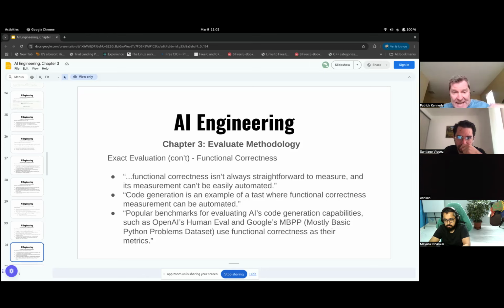So in the case of code generation, you can use functional correctness, but other times it's a little bit harder. Popular benchmarks for evaluating AI code generation capabilities, such as OpenAI's HumanEval or Google's MBPP, use functional correctness as their metric. So it can actually be done sometimes and quite effectively.